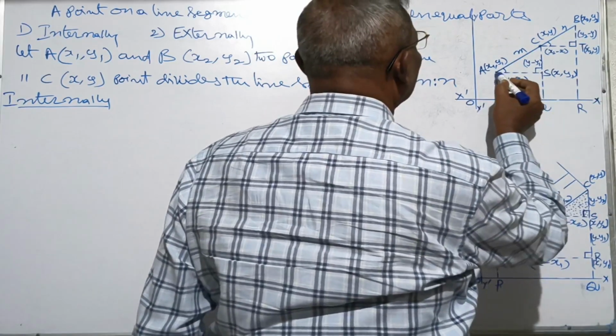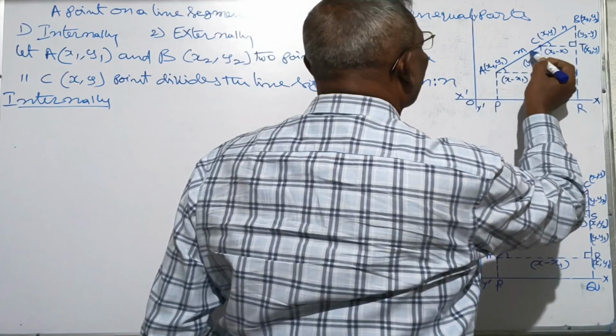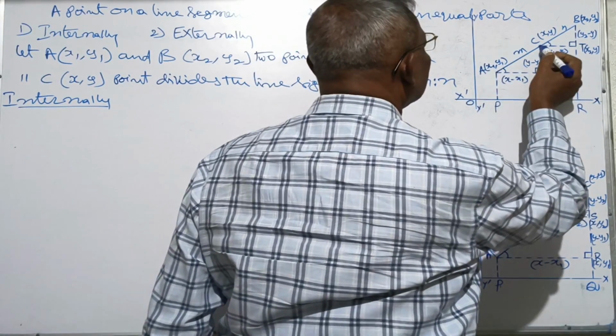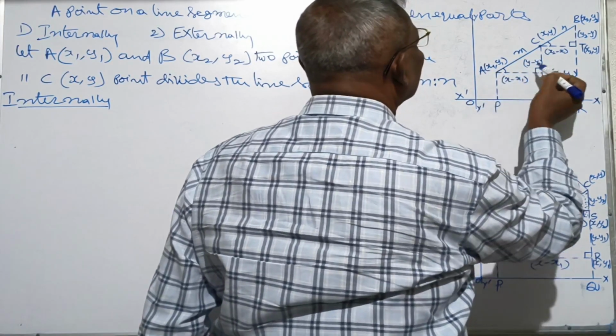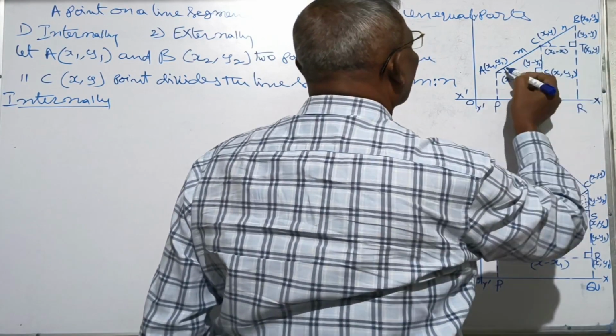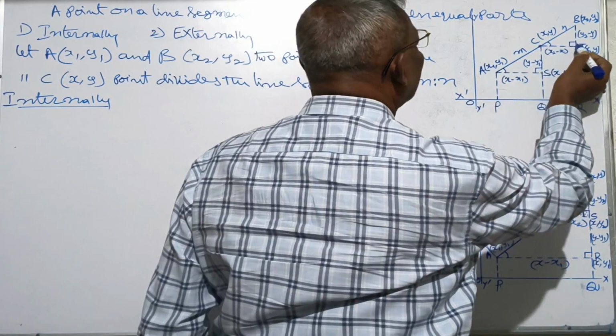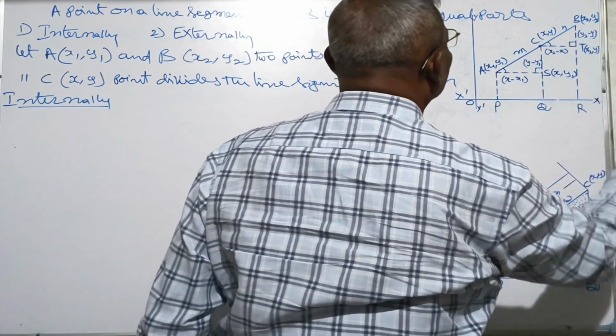That is triangle ASC, one triangle, and triangle CTB, the other triangle.